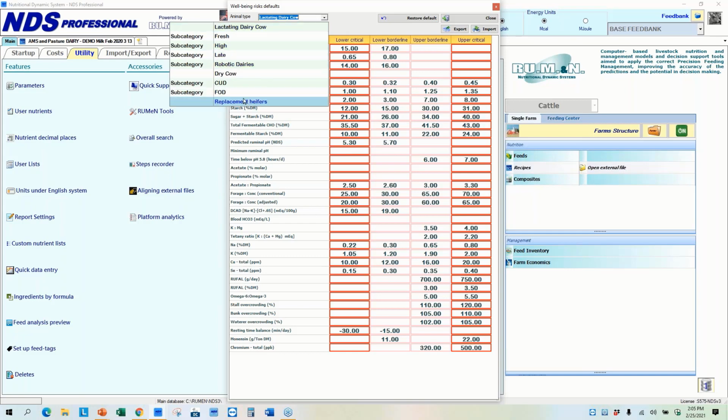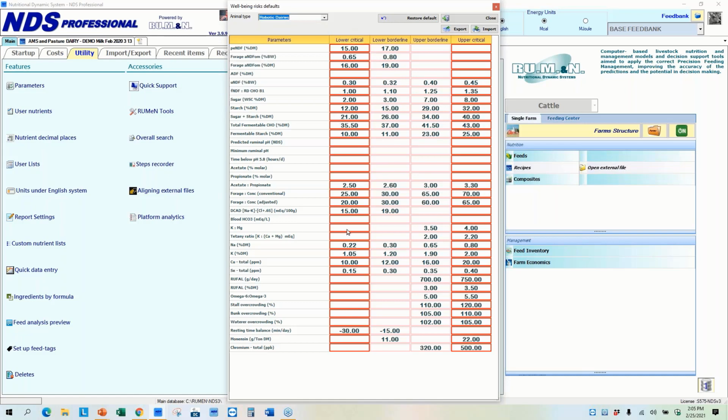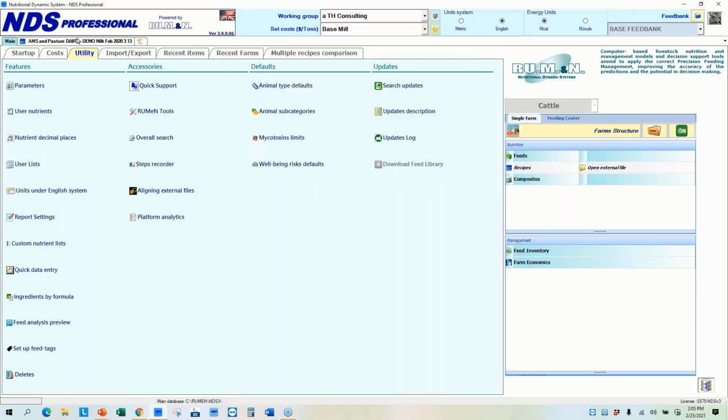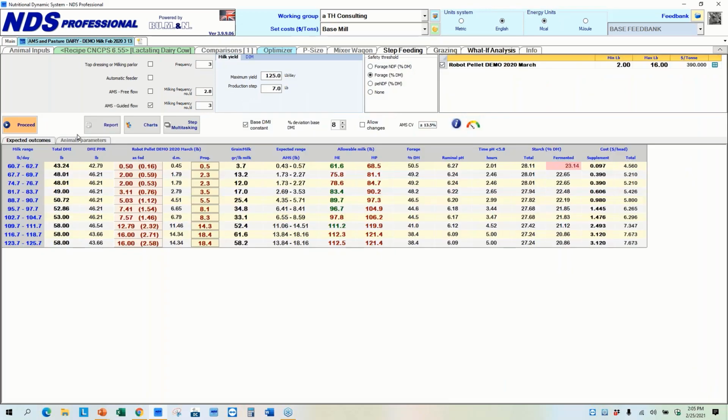So you can actually make a subcategory within the system here, and then you can have a subcategory of robot. So that will loosen up some of the areas here when you're working with the AMS system.